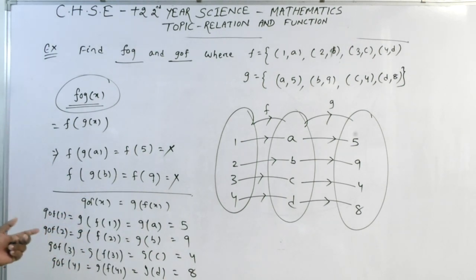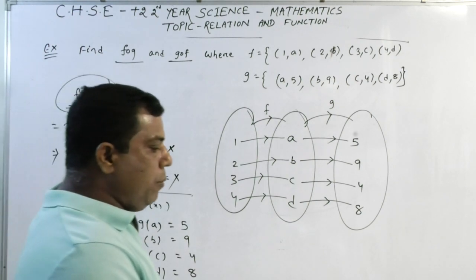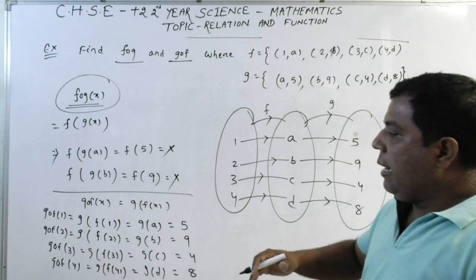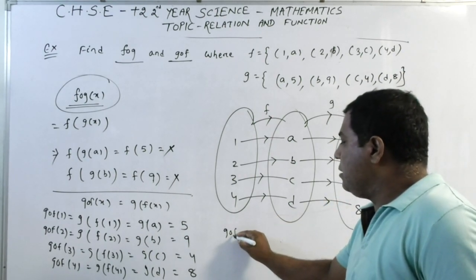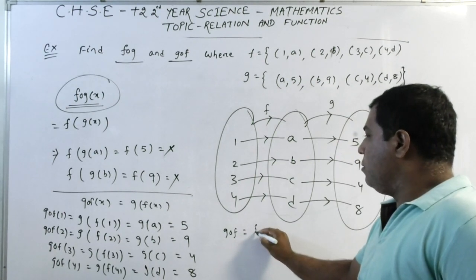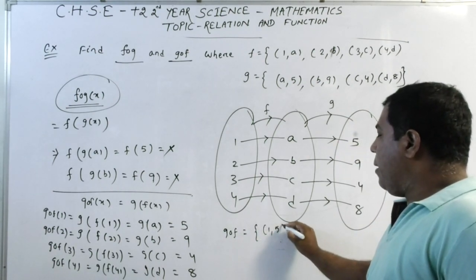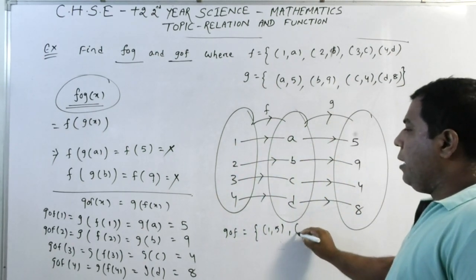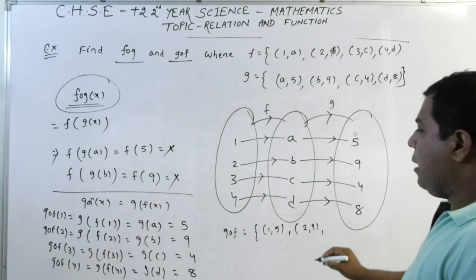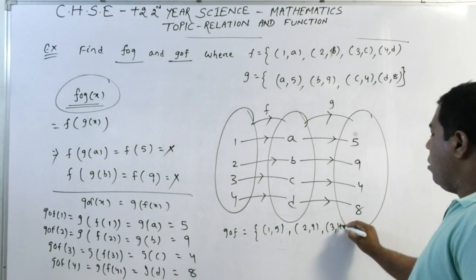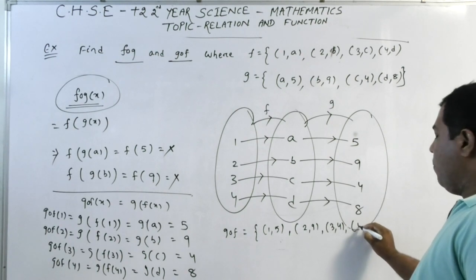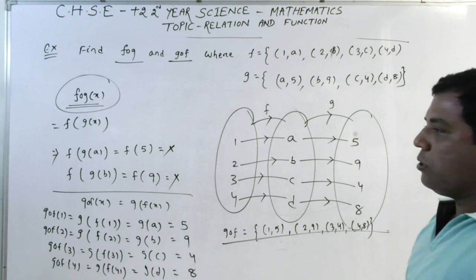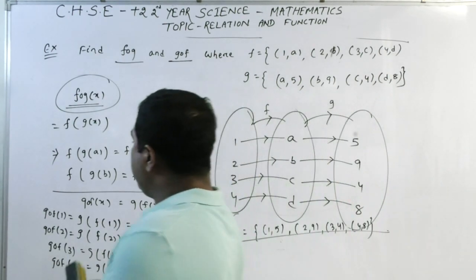And what does the gof function do? The gof function is able to compose the elements, and we can write gof as the ordered pairs 1, 5, meaning 1 is convertible to 5. We can write 2, 9. We can write 3, 4 and 4, 8 as the ordered pairs. So in this way, the gof function can be defined. Okay.